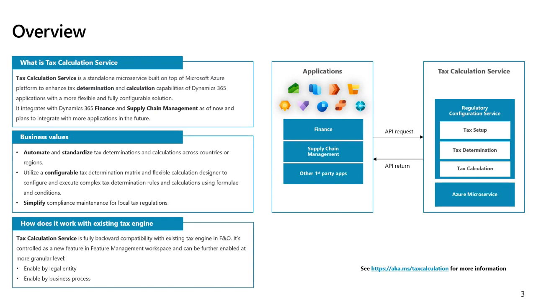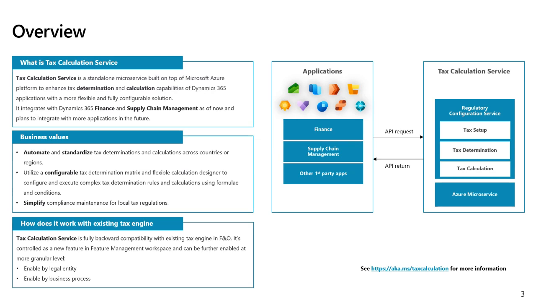Tax calculation service was launched GA in September last year. It is a standalone microservice built on top of the Microsoft Azure platform. It focuses on the tax determination and calculation part in the full life cycle of tax management.